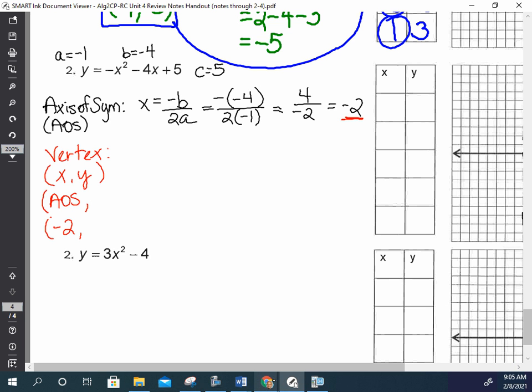To get the y value, that's when you have to plug in. So we're going to take -2 and put it back into the function. Everywhere you see x, plug in -2.